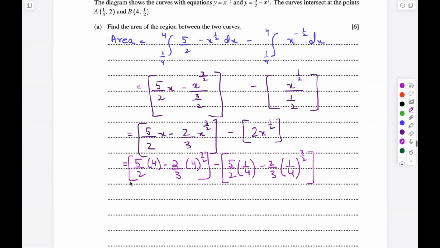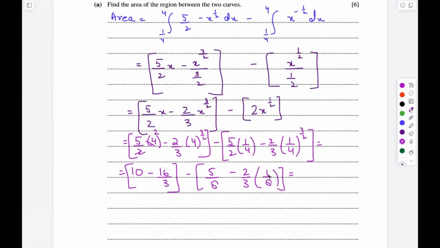First simplifying, this will be 10 minus, and 4 to the power 3/2 is 8, so that becomes minus 16/3. And this will become 5/8, minus 2/3 multiplied by 1/8.